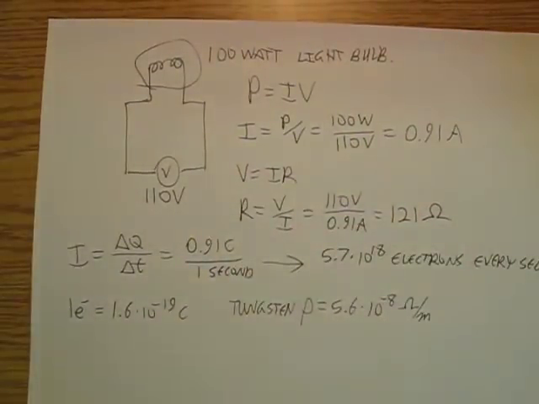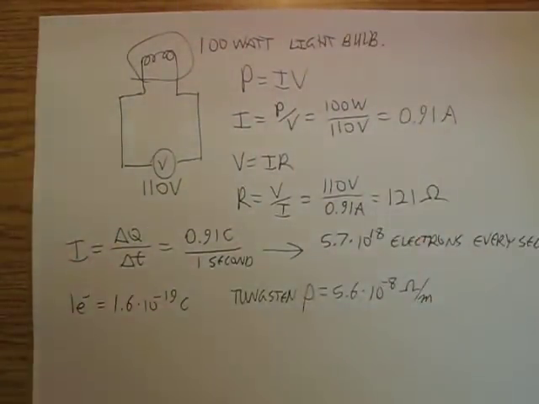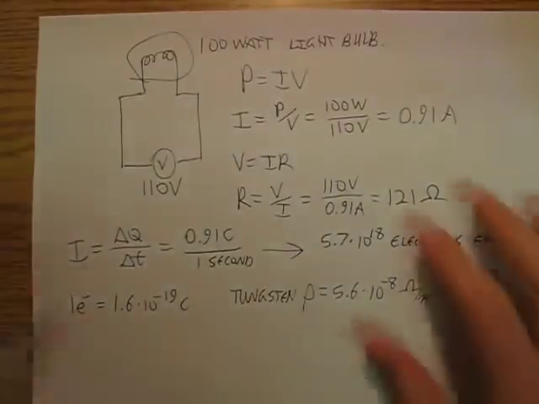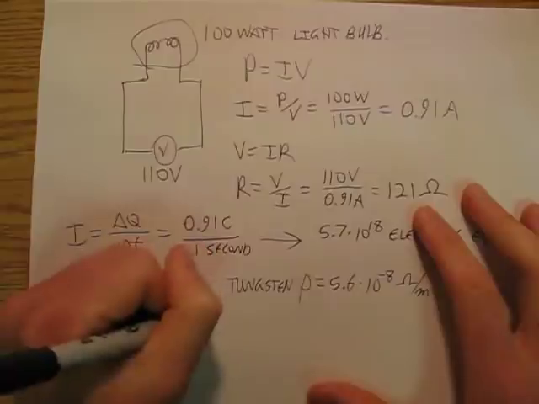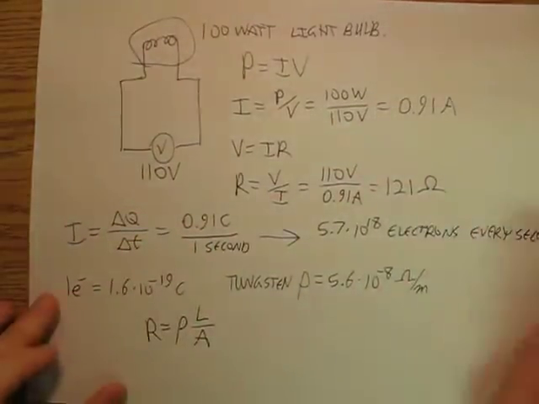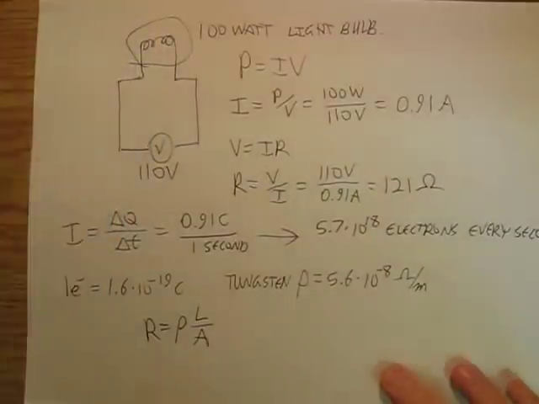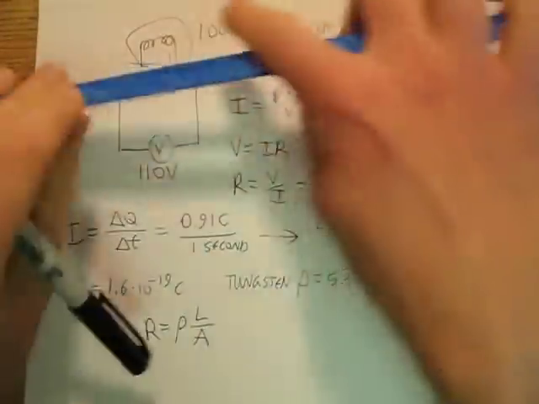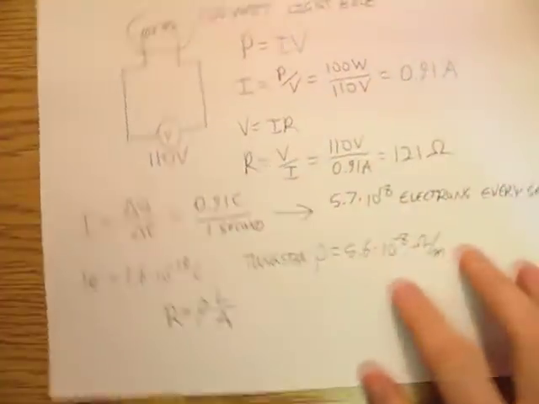Okay, so now we know our resistance is 121 ohms. So we know R equals rho L over A. Now let's think about a light bulb here. I'd say that a light bulb has a spiral, and let's make it up, let's say that spiral is 4 centimeters long.